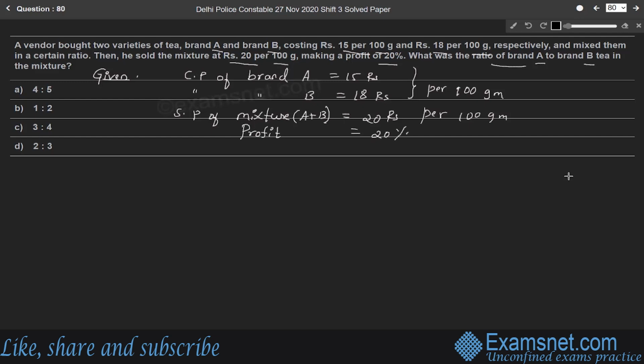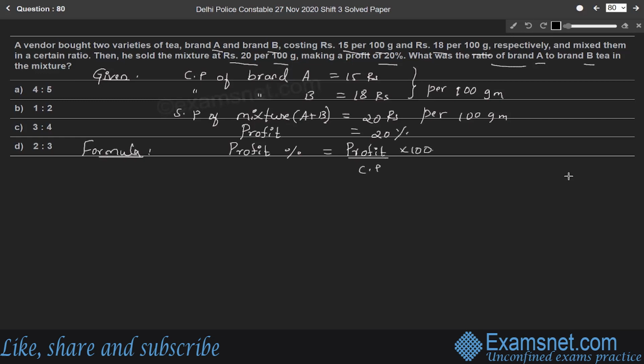Before finding the ratio, let us go to the formulas. Formula to find the profit percentage: profit percentage is equal to profit by cost price into 100.